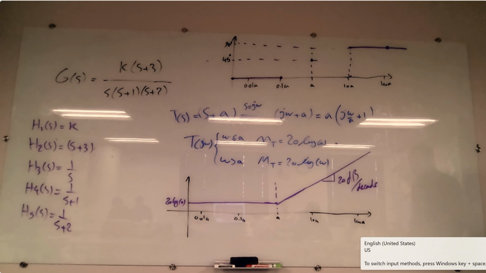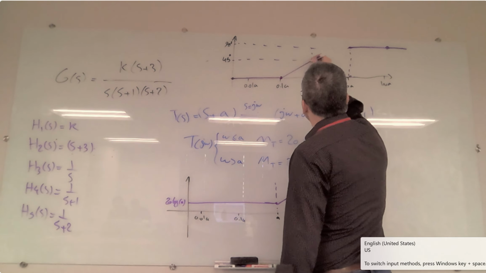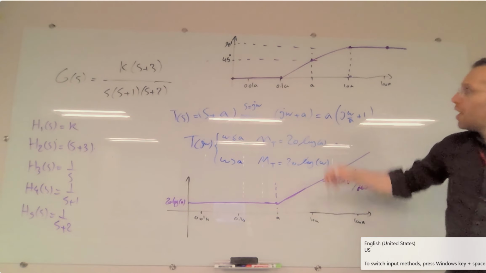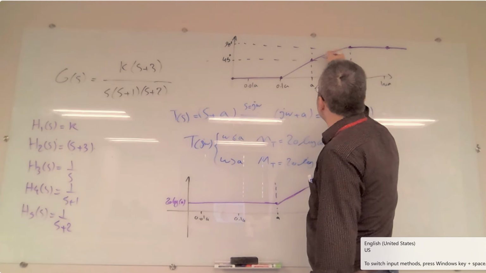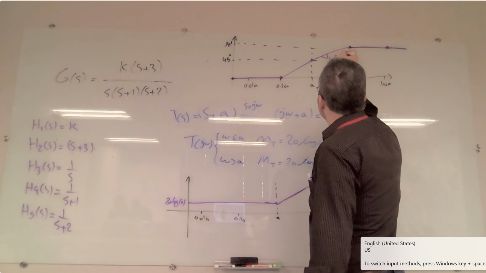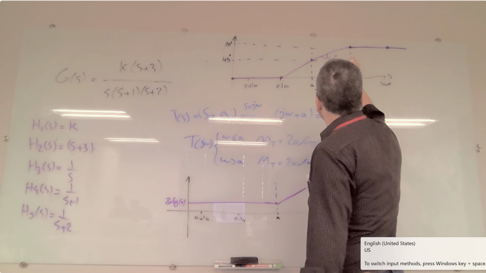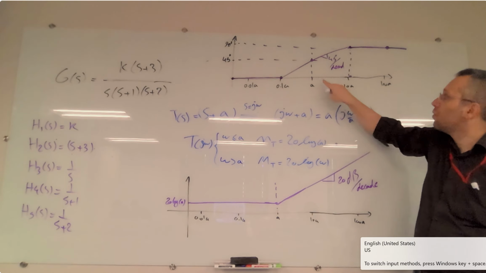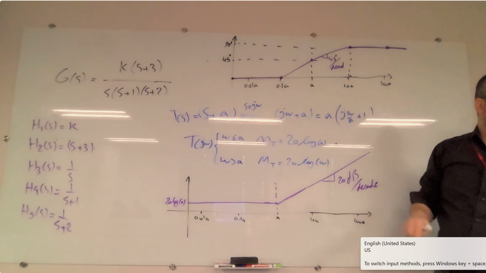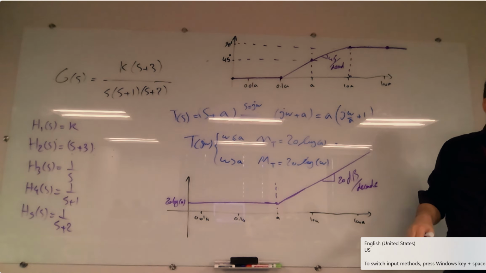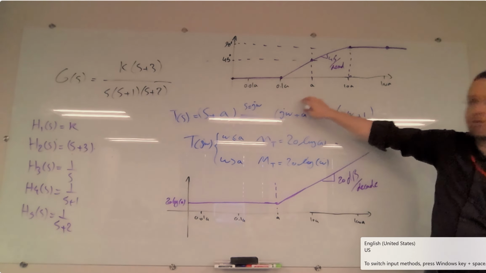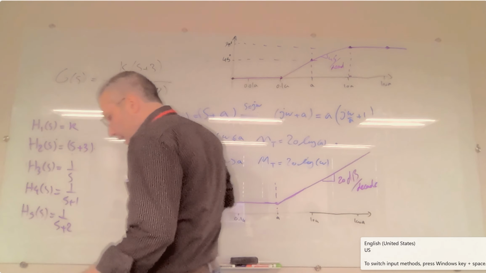So what we are going to have is simply a line that connects these points, which, by the look of it, you can see that the slope is 45 degrees per decade. See? 1 decade, 45 degrees. 1 decade, 45 degrees. So now you have the graph for S plus A, for both magnitude and phase.